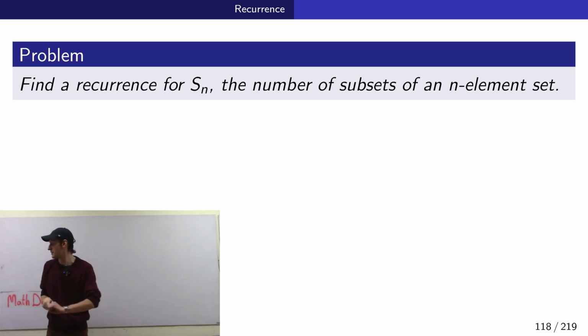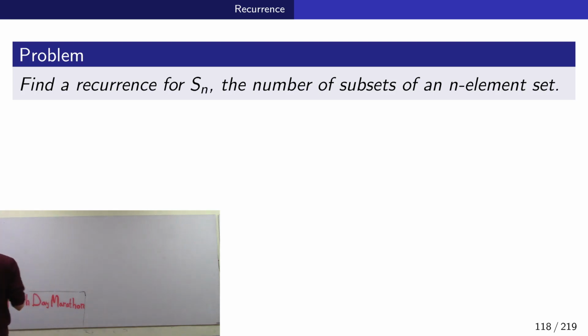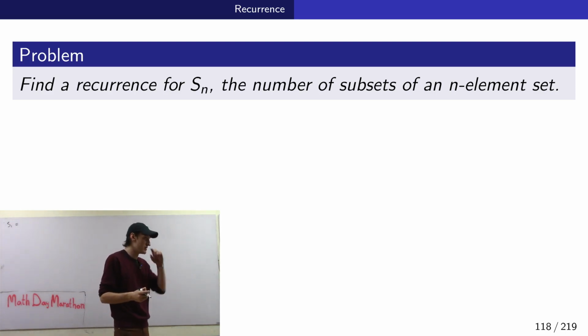Okay. So recurrence for S sub n, the number of subsets of an n element set. What is S sub 1? How many subsets are there of a one element set?